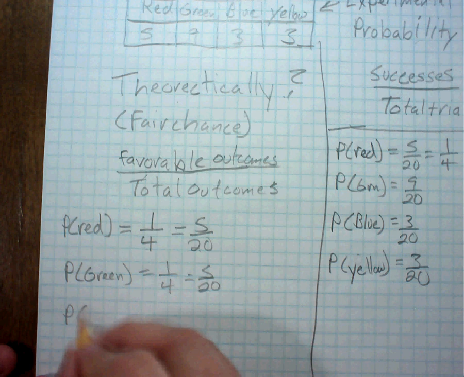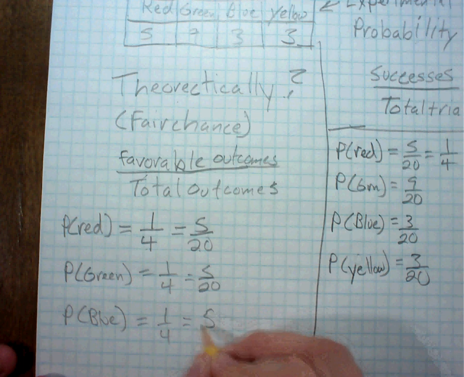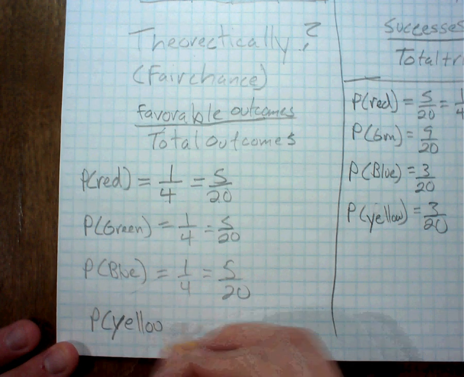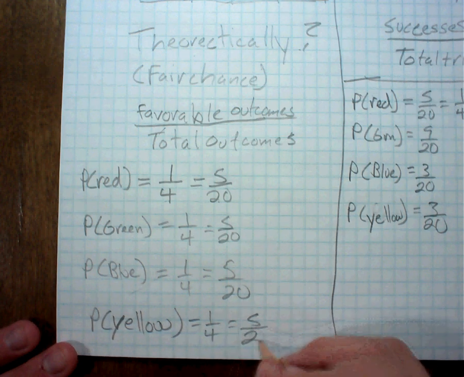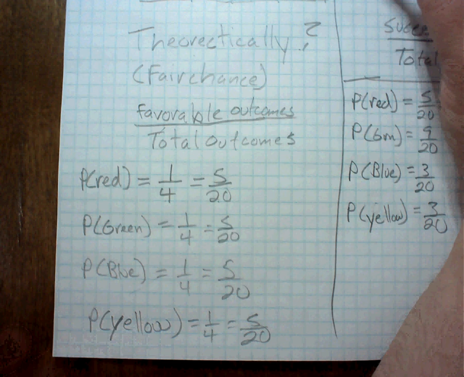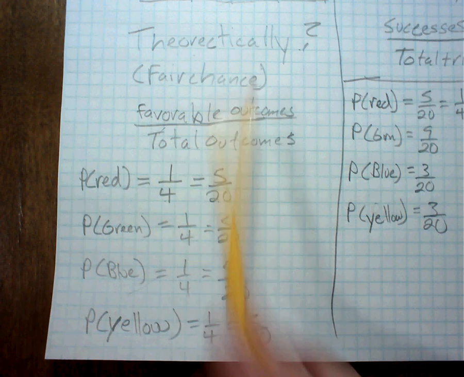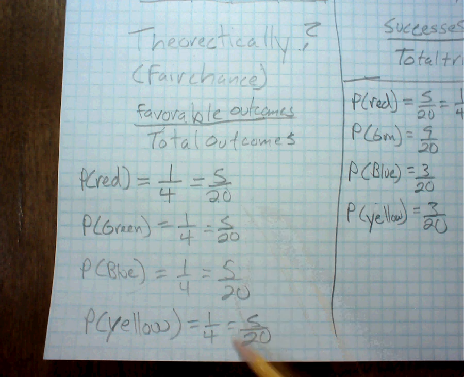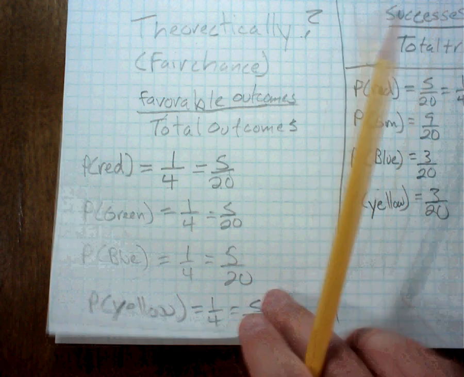The probability of blue, 1 out of 4, which should be 5 out of 20. And then the probability of yellow, 1 out of 4, which would be 5 out of 20. So if everything was perfect, in other words, there's no issue with the spinner, we should get equal probabilities. That's what fair chance means. Fair chance means that they have an equal probability of getting each event. Now, experimental is the reality of what actually occurs.